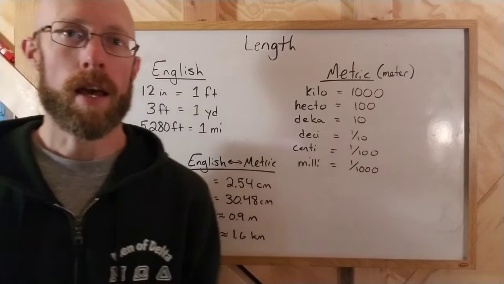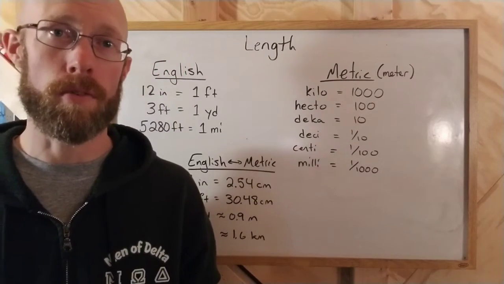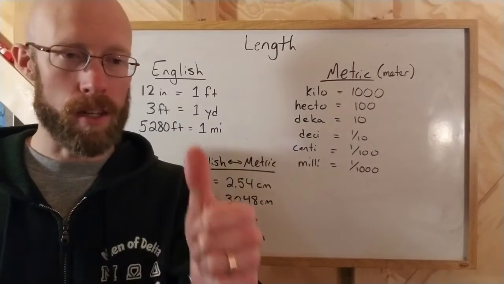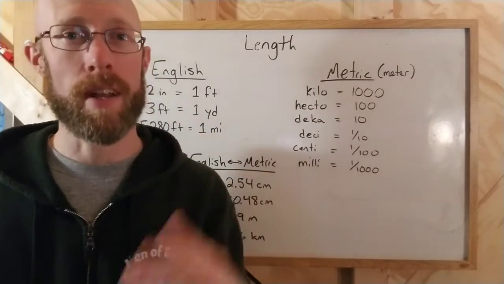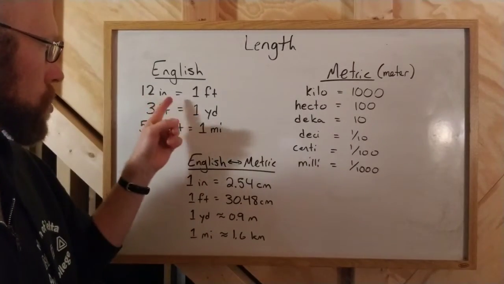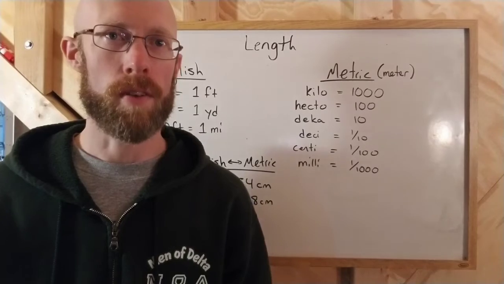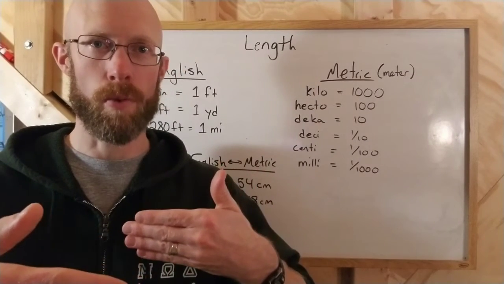Okay, and you guys probably have seen some of this before, but generally speaking, 1 inch is roughly the thickness of somebody's thumb. Roughly, I mean, everybody's thumb's a little bit different, right? But you can kind of think of it that way. So that's an inch. A foot, I always think of it, if you're 6 feet tall, your foot is close to 1 foot in length.